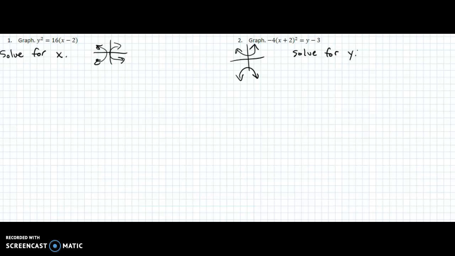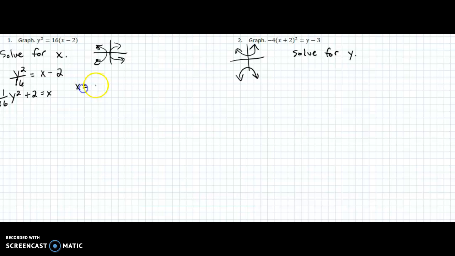So let's do that. We want to solve for x, so we're going to divide by 16. So we get y squared over 16 is equal to x minus 2. And then add 2 over. So this gives me, I'm actually going to write it as 1/16 y squared plus 2 is equal to x. So this gives me this form here.